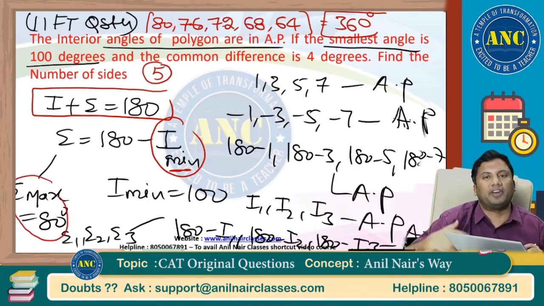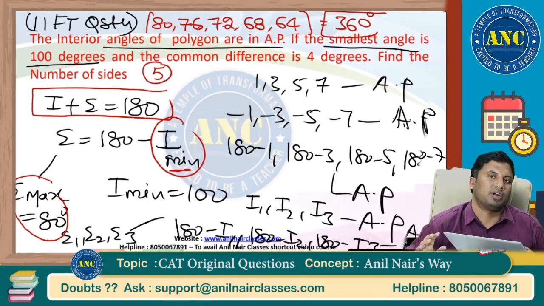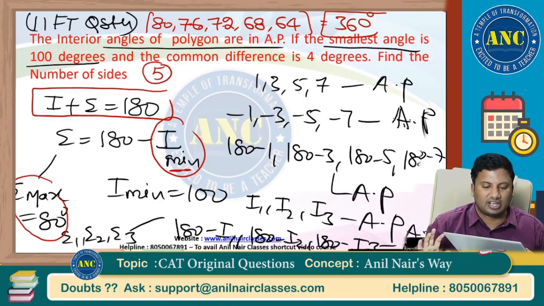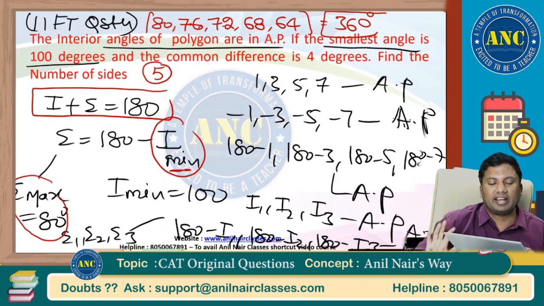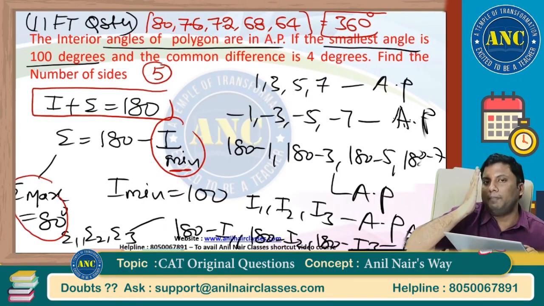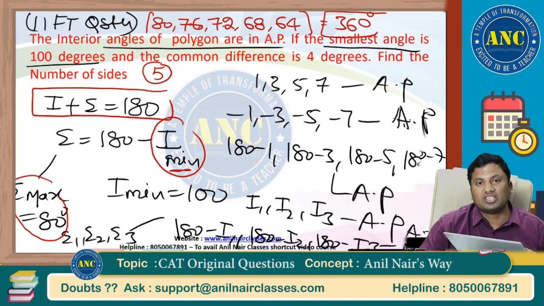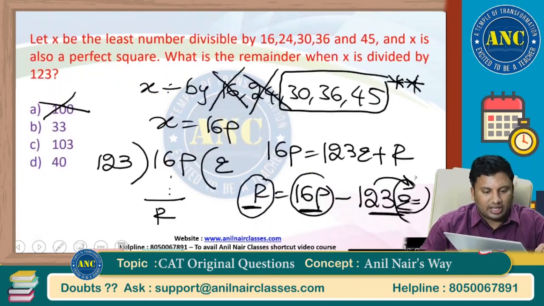Series common difference is 4: 80, 76, 72, 68, 64. Sum of all exterior angles is 360. 5 exterior angles, 5 sides. Beautiful questions, non-formula based. Otherwise, you would use n by 2 into 2a plus n minus 1 into d. I hope this logic is clear.